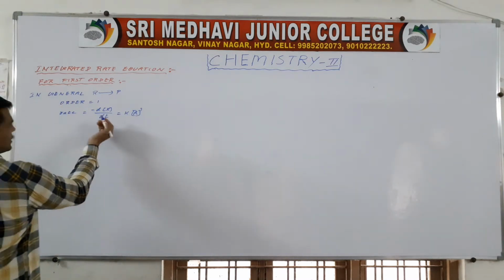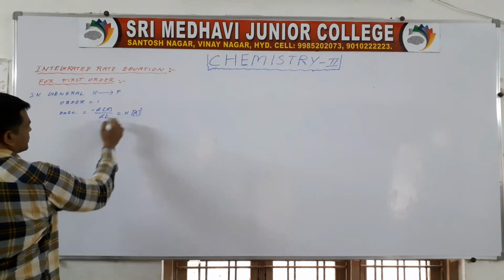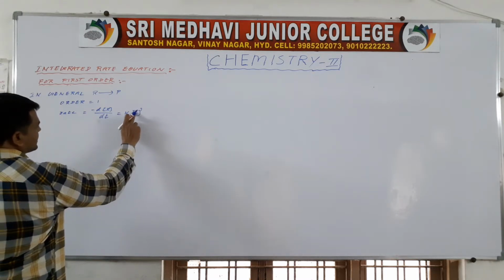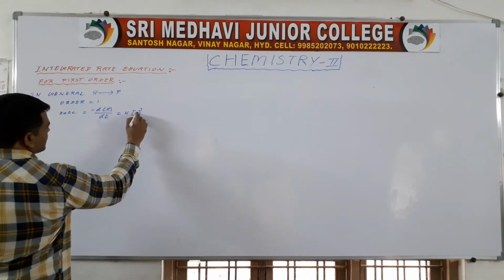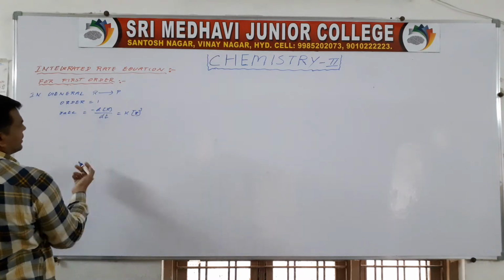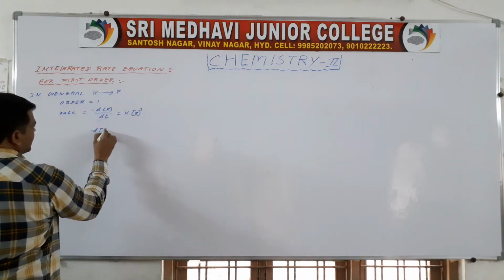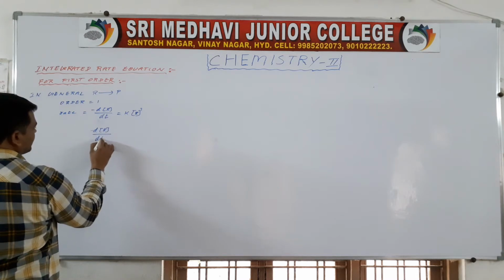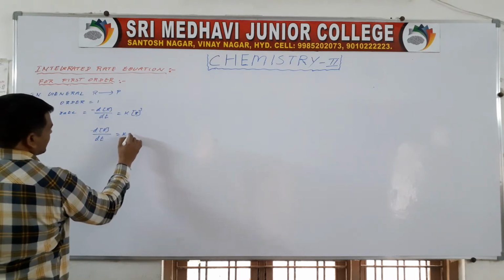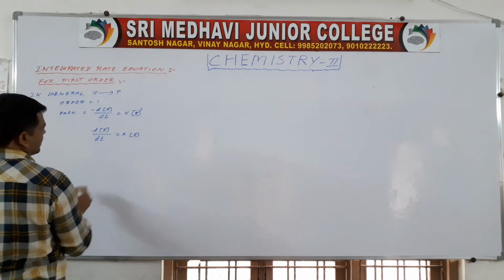Simplifying, here we take the reactant concentration as R. Then minus d[R] by dt equals k into [R].